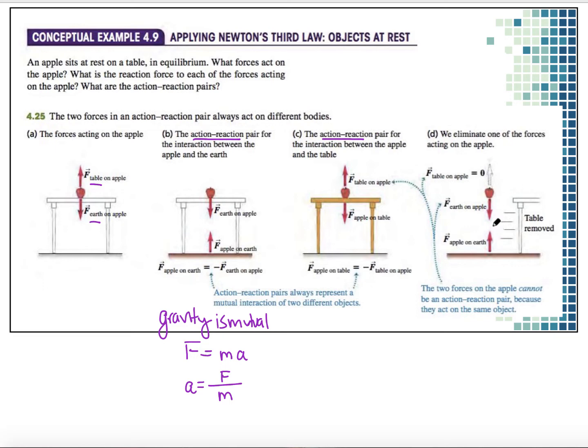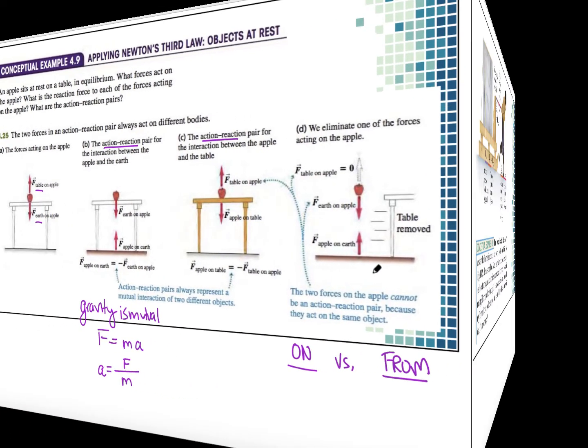So there can't be an action-reaction pair because it's not acting on the apple, it's acting from the apple. So this is an important distinction, right? We have to say, is this force acting on something or is it acting from something? And if you can't answer that question, you need to be very careful about how you assign these forces.